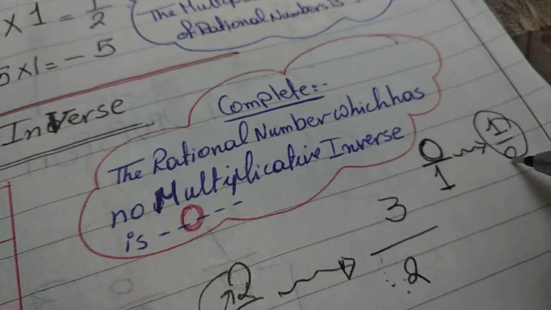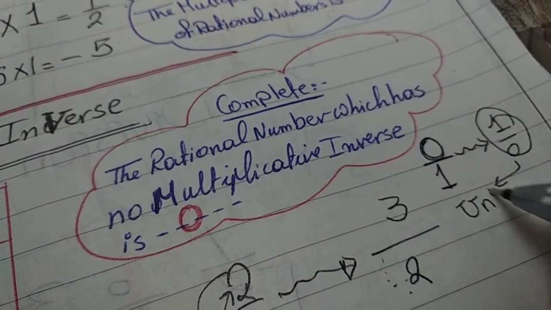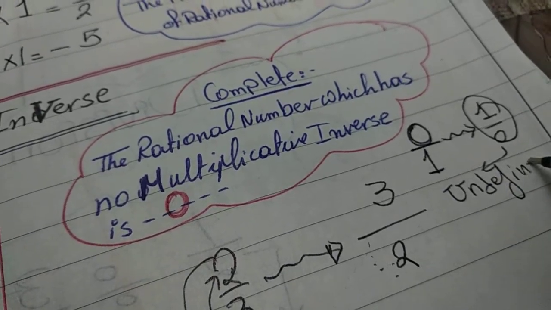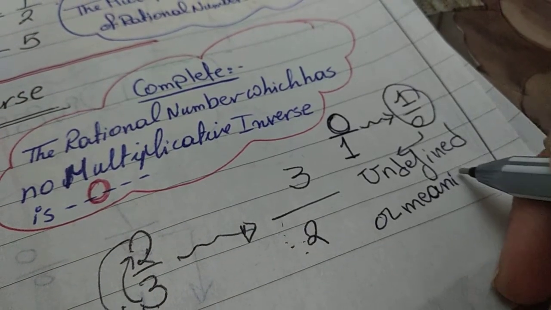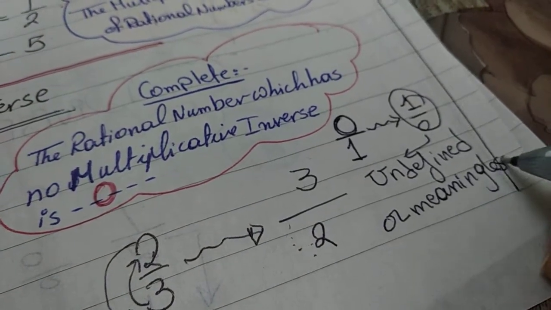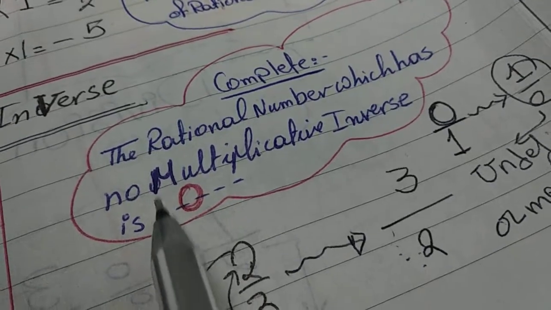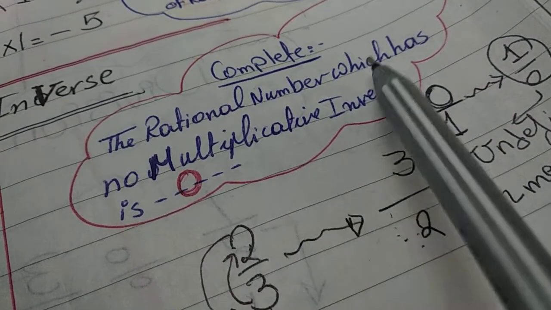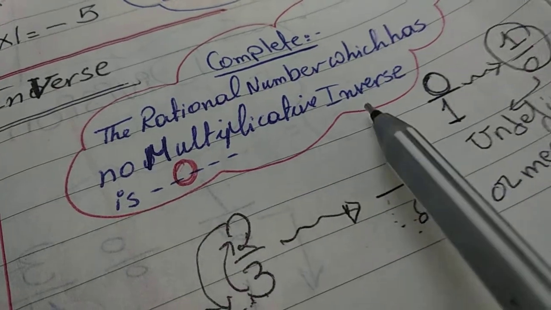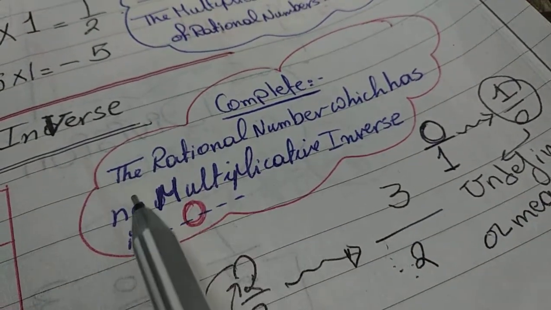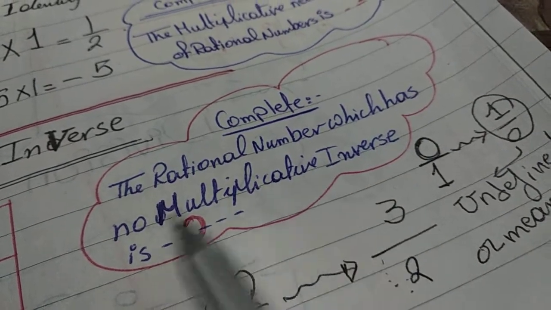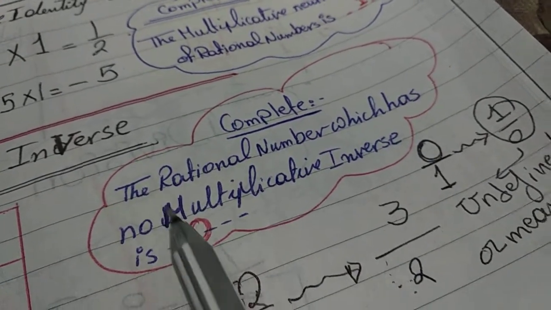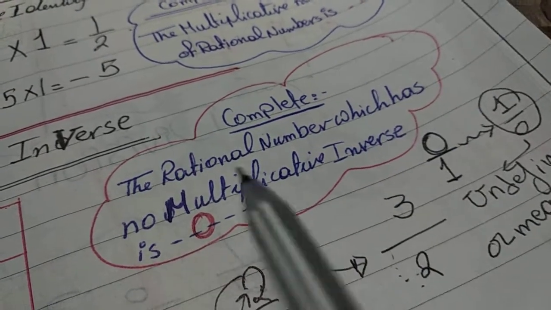But 1 over 0 is undefined, or meaningless. So it's very important. The rational number which has no multiplicative inverse is 0.